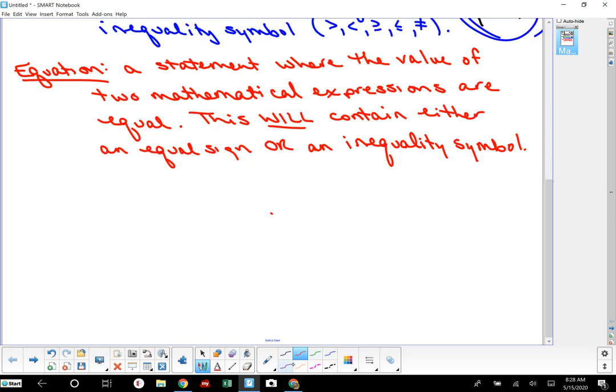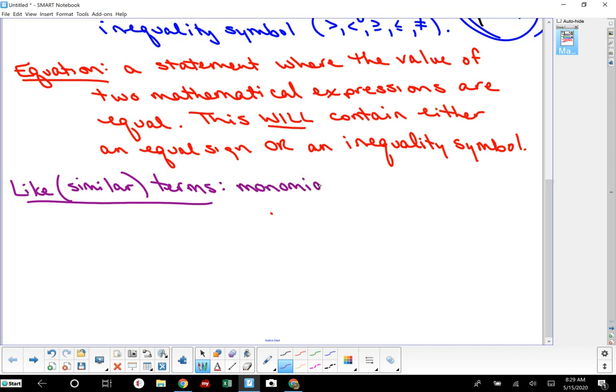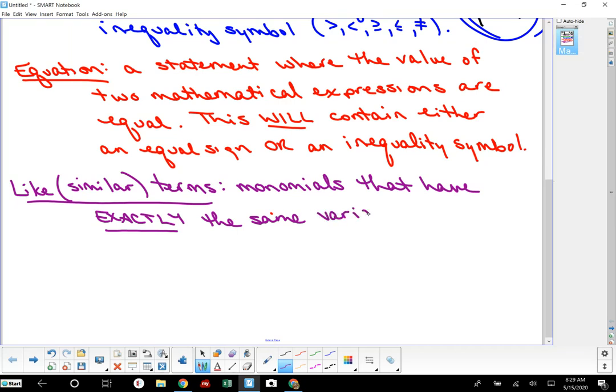Okay, two more, I guess. Like or similar terms. Like terms are monomials that have exactly the same variable and exponent combinations.